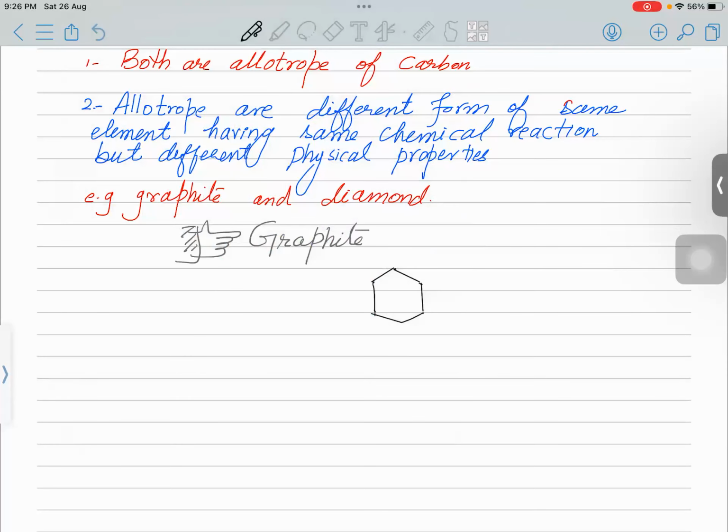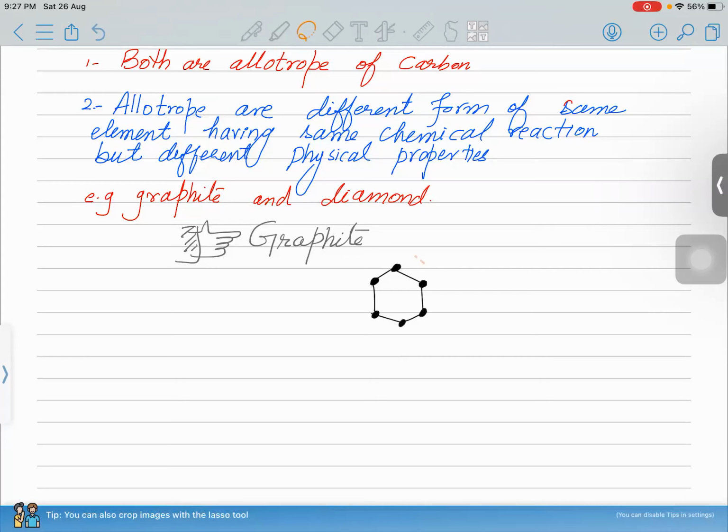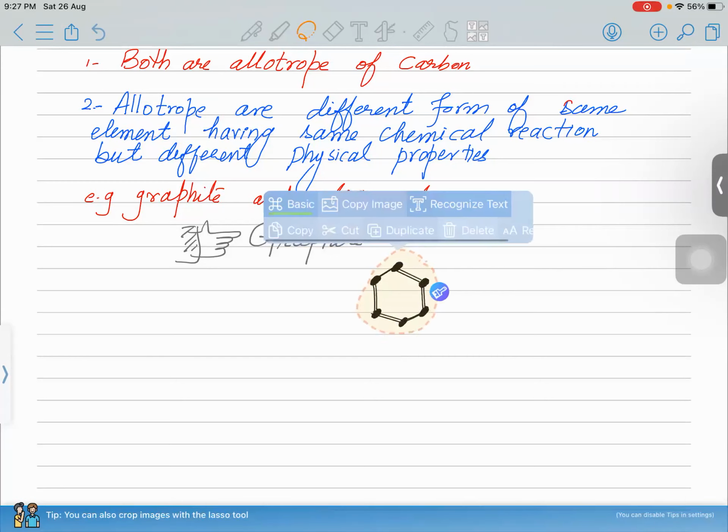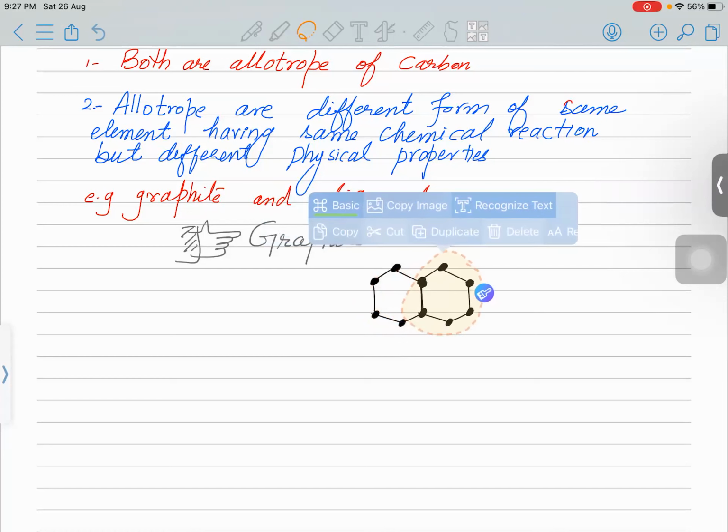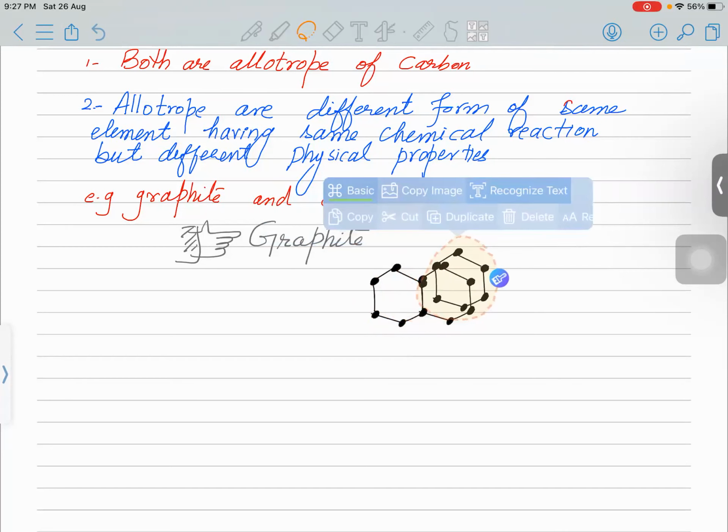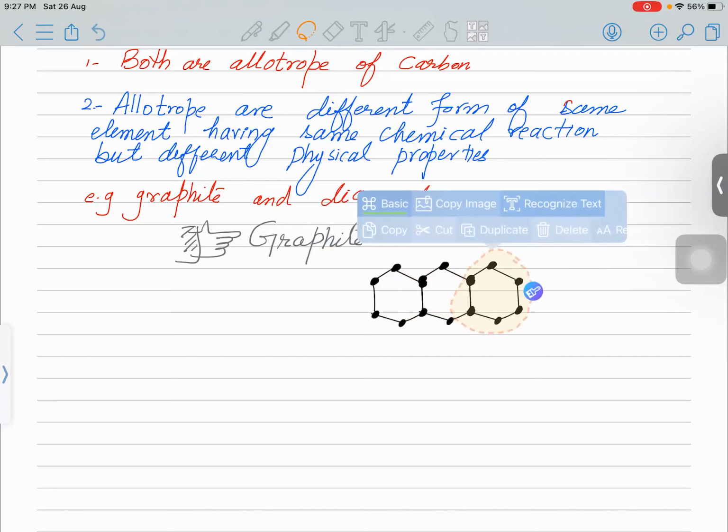Here we have carbon atoms. This dot indicates a carbon atom. So we have many layers, right? This is graphite.